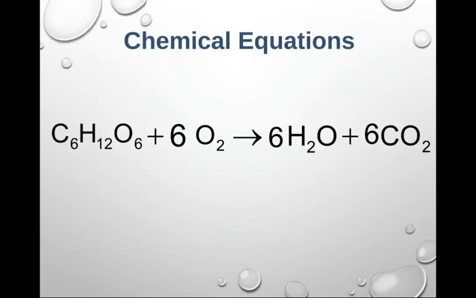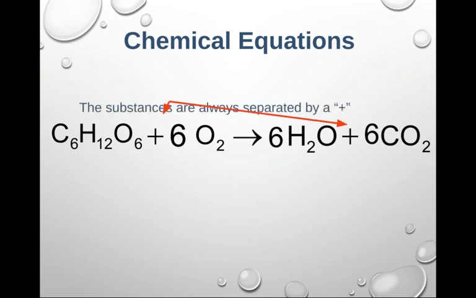All right, so here we see a chemical equation or a chemical reaction written out. We have 1 glucose molecule plus 6 oxygen molecules yielding or turning into 6 water molecules and 6 carbon dioxide molecules. So let's talk about what those things mean there. So here we see the plus signs. So we said our reactants or our products are always going to be separated by the plus signs.